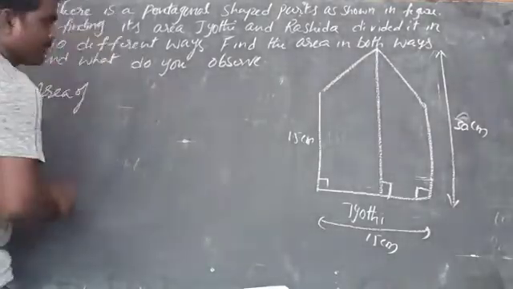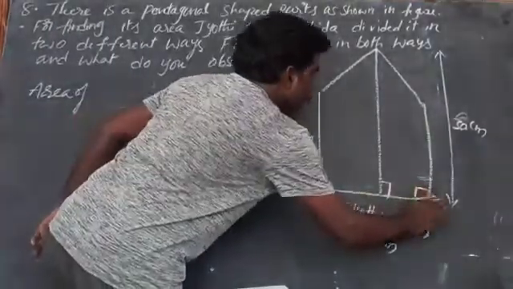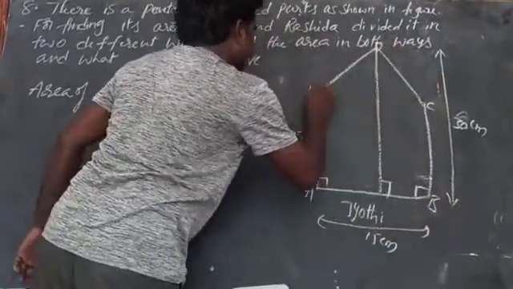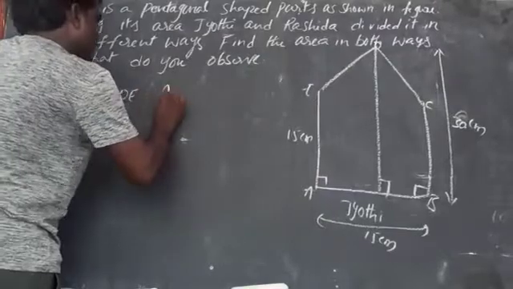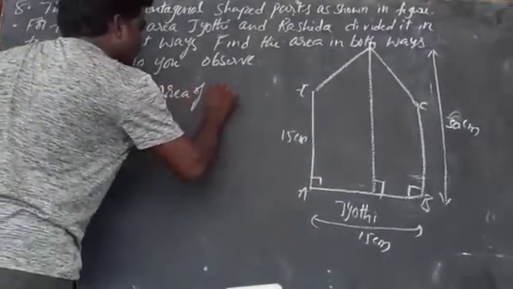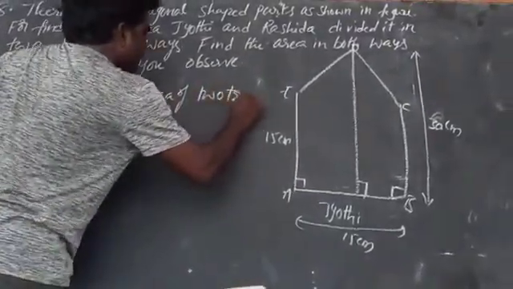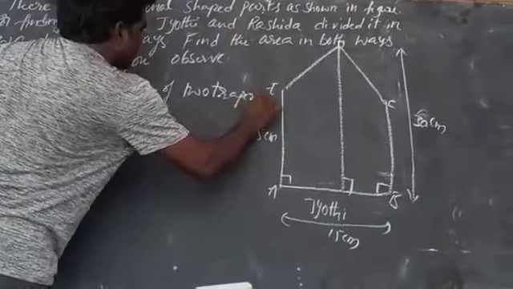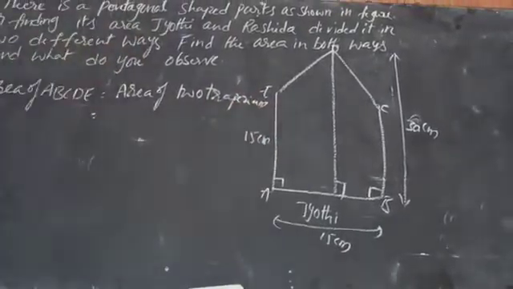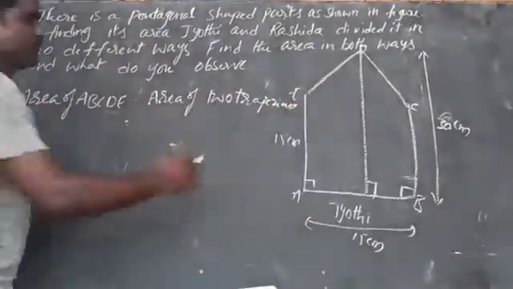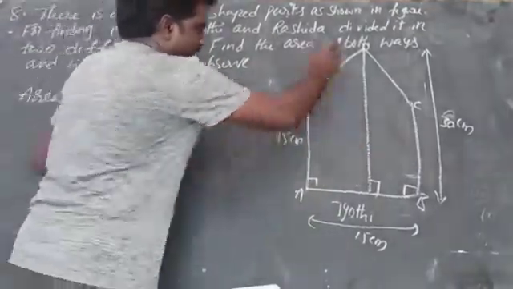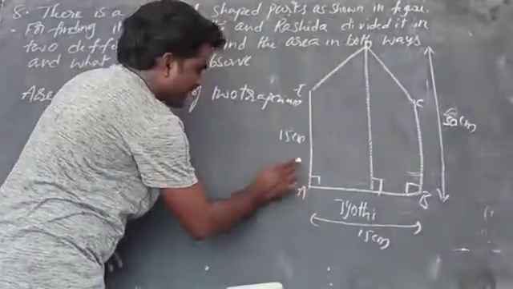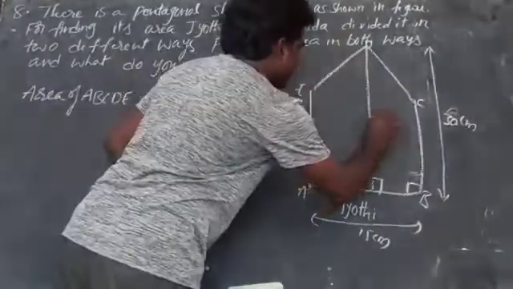Area of diagram ABCDE is equal to the area of two trapeziums. The trapezium formula is half into the distance between the parallel lines into the sum of the two parallel sides. Here one parallel side is 15, the other is 30.